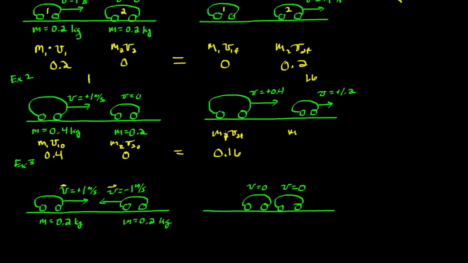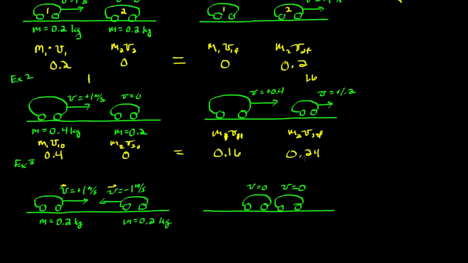I'm sorry, that should have been mass 1. I'm messing this all up. This is mass 2 times V2 final. So we get 0.2 times 1.2. I know you can do that quickly, but that's 0.24.